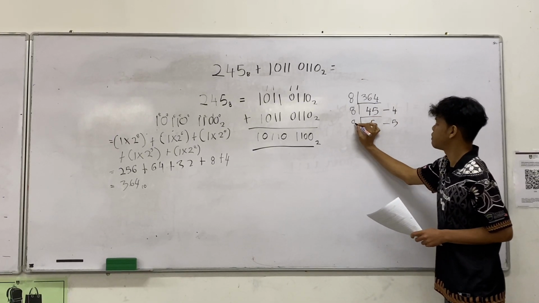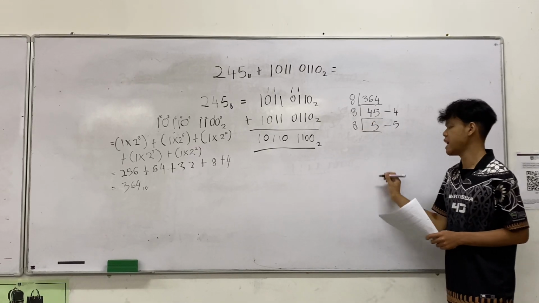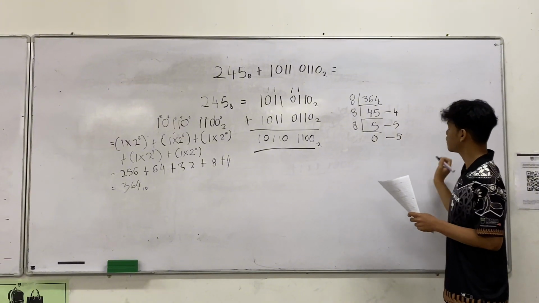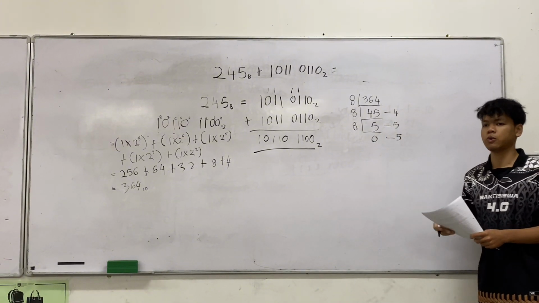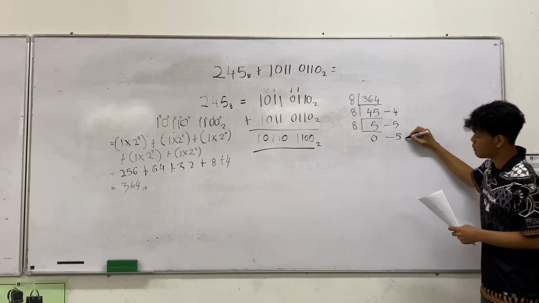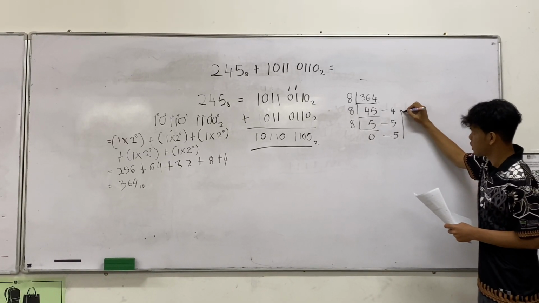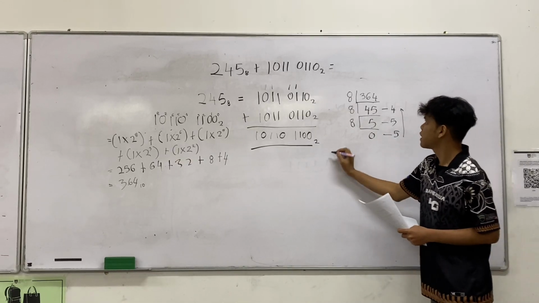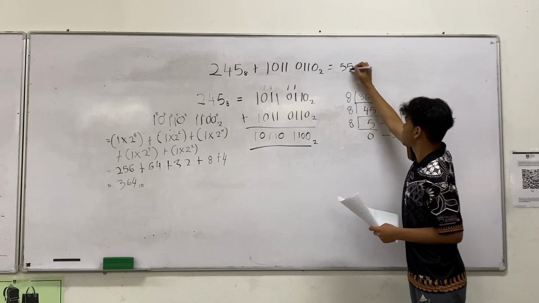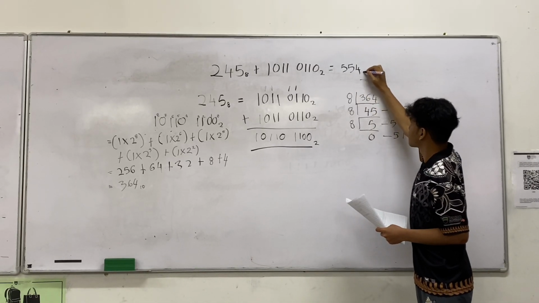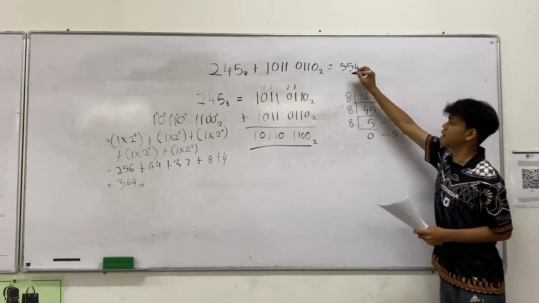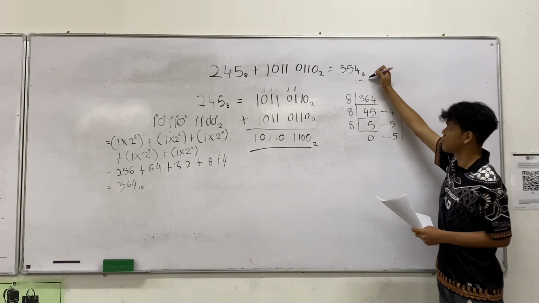And last but not least, 5 divided by 8 equals 0. To get the octal number, we read from the bottom straight up to the top. So lastly we got 5, 5, 4 base 8. So this is the answer for this equation.